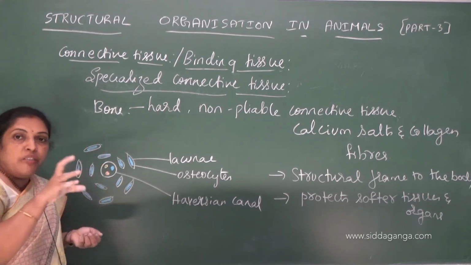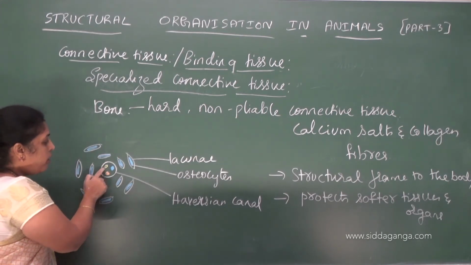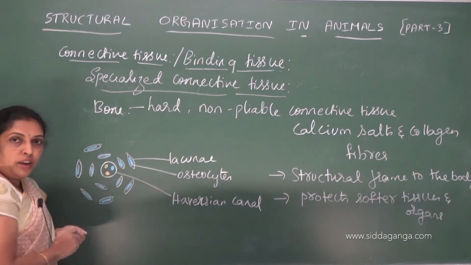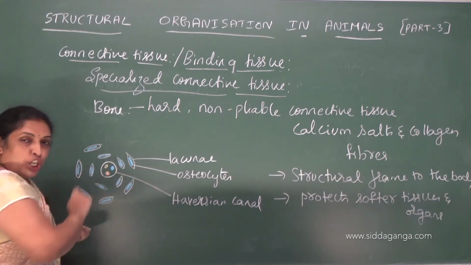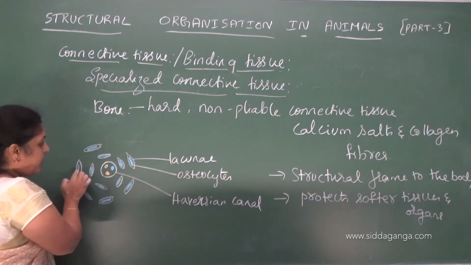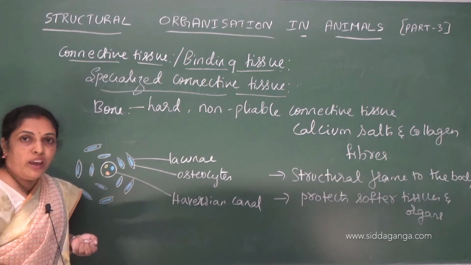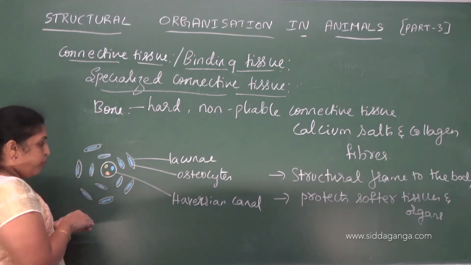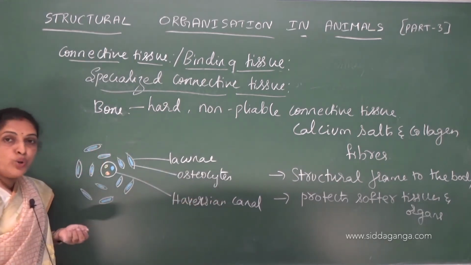Around the Haversian canal, we see many empty spaces called lacunae. Each lacuna contains a bone cell called osteocyte.